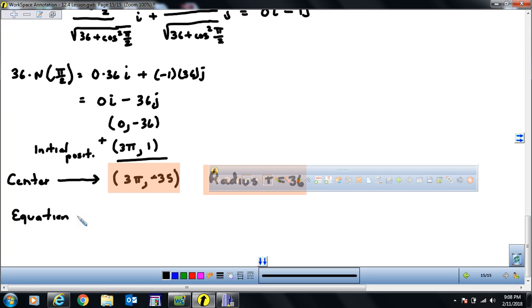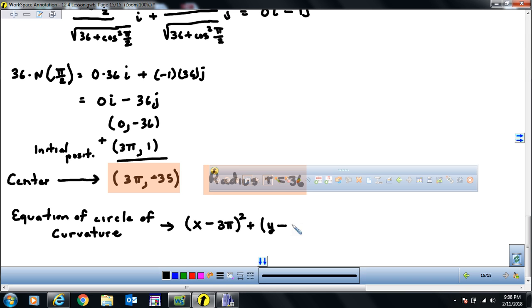Equation of circle of curvature. x minus x of 0, which is my 3 pi, squared, plus y minus y of 0, which is negative 35, squared, equals the radius, which is 36, squared.